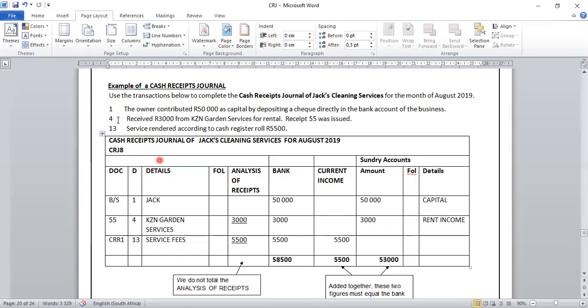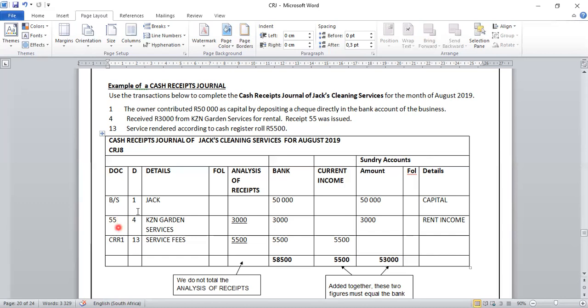Our second transaction is on the 4th, which says received 3,000 from KZN Garden Services for rental. Receipt number 55 was issued. So you are going to write the receipt number that we are given in the transaction. We write 55 in our document column.